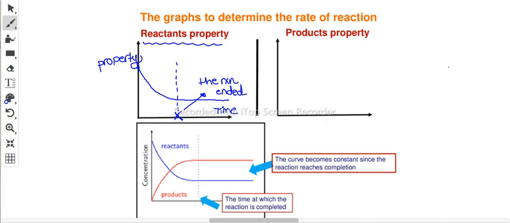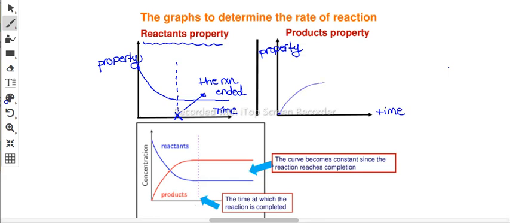On the other side, if you are following a property for a product, again this property could be anything. On the y, I have the property, and on the x, I have the time. The property will start from 0 as we are considering products, and it will start to increase.